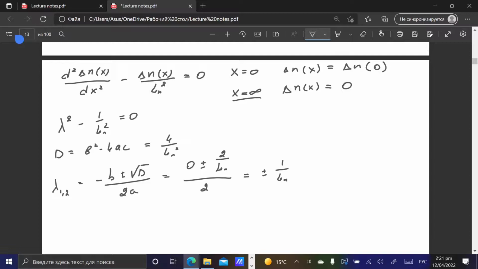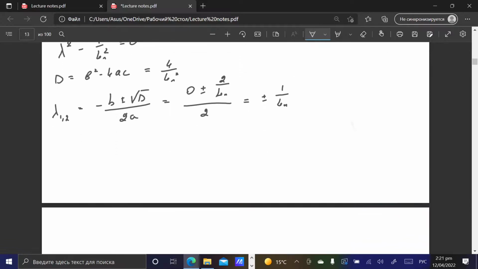When we have two real solutions of the characteristic equation, equal in magnitude and differing only in sign, the general form of the solution of this differential equation looks like this: delta n as a function of x is equal to c1, some constant, times exponent of lambda 1 times x, plus c2 times exponent of lambda 2 times x.